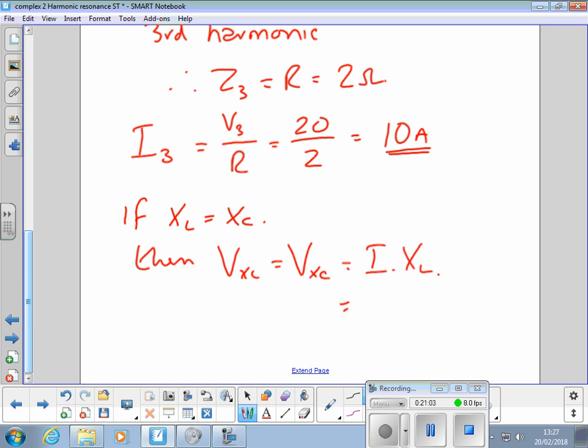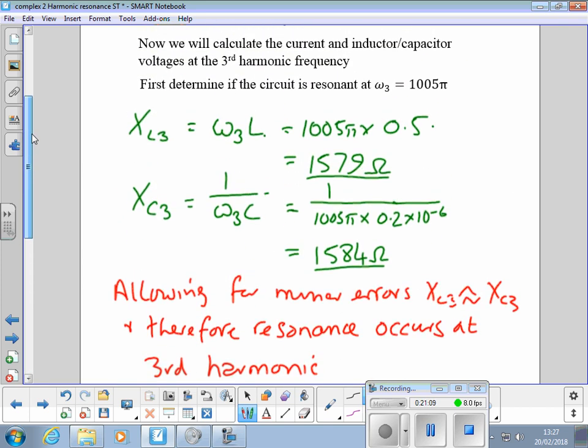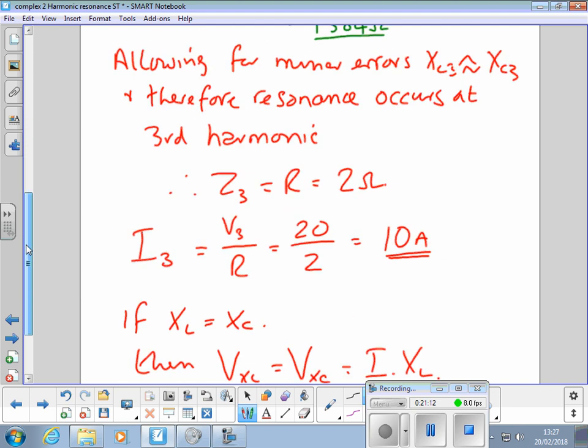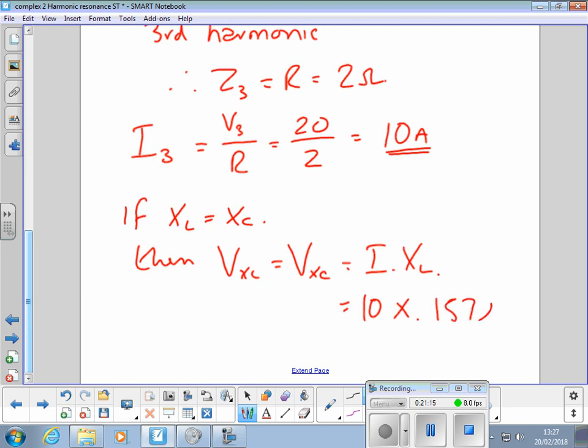We'll take XL, 10 times... one's got a voltage of 15,790 with a positive 90-degree angle.